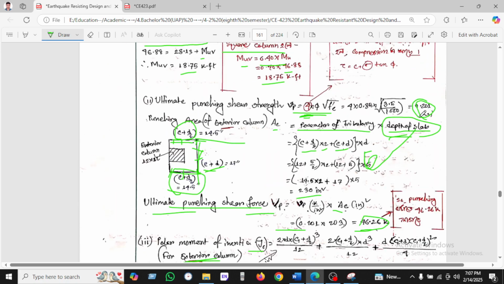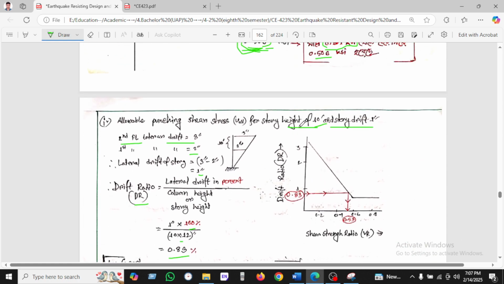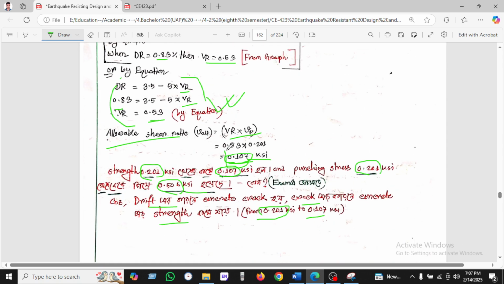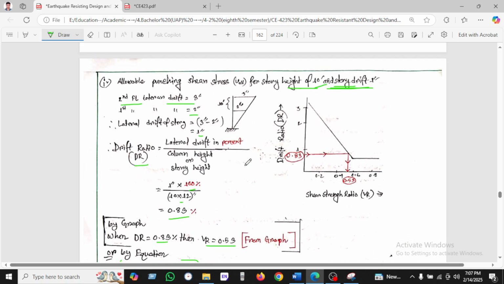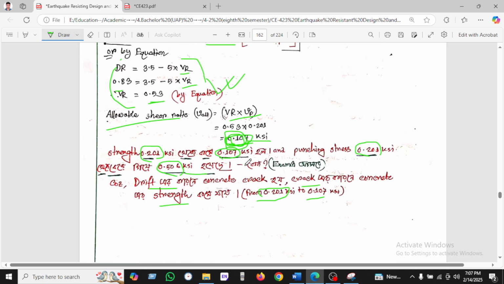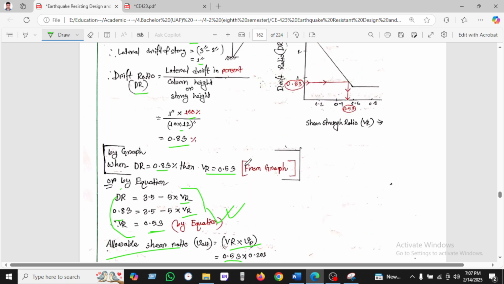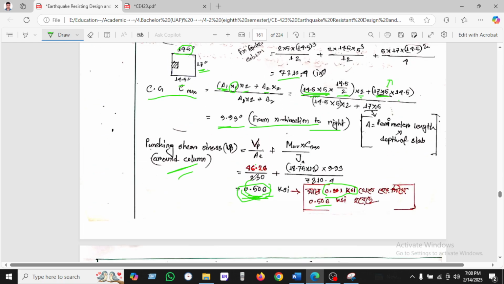At first we found 0.217. When we see there is drift and cracking occurred, then it is decreased to 1.7. On the other hand, when we calculate the punching stress, we see it is increasing, 0.502.